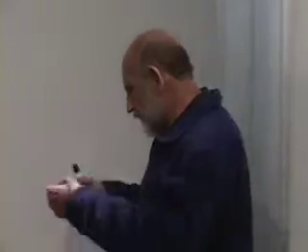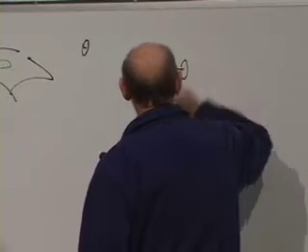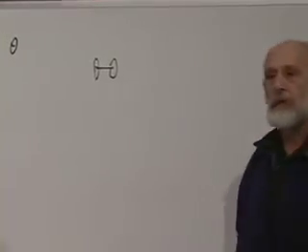If that little bug had wheels, think of a little bug with little wheels, a little dumbbell-shaped affair, 2 wheels, that could roll on the surface.